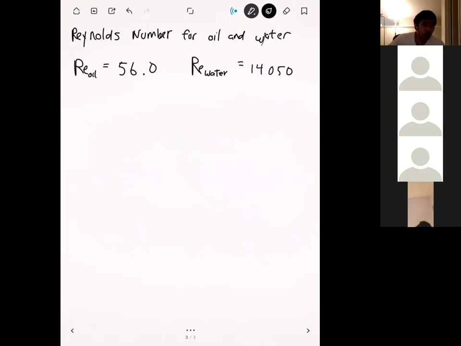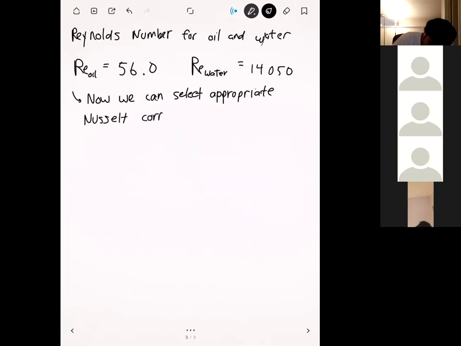Now that we know the Reynolds number, we can select the appropriate Nusselt number correlation. Let's start with the oil.